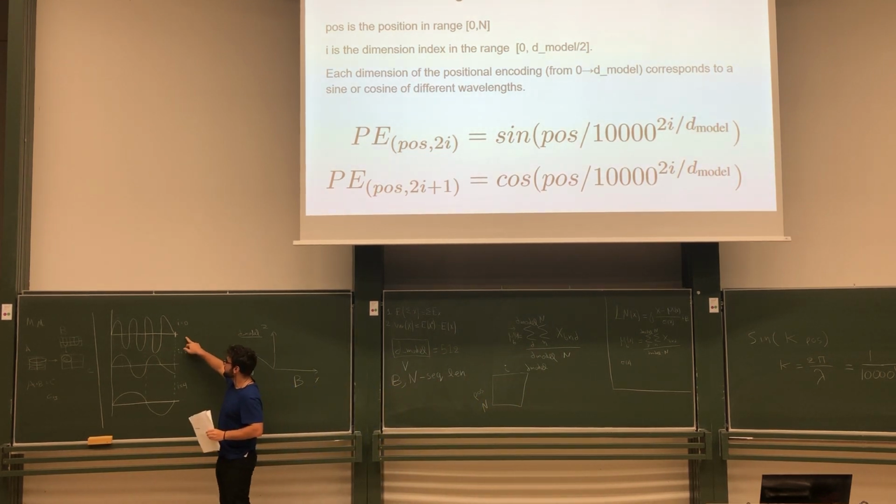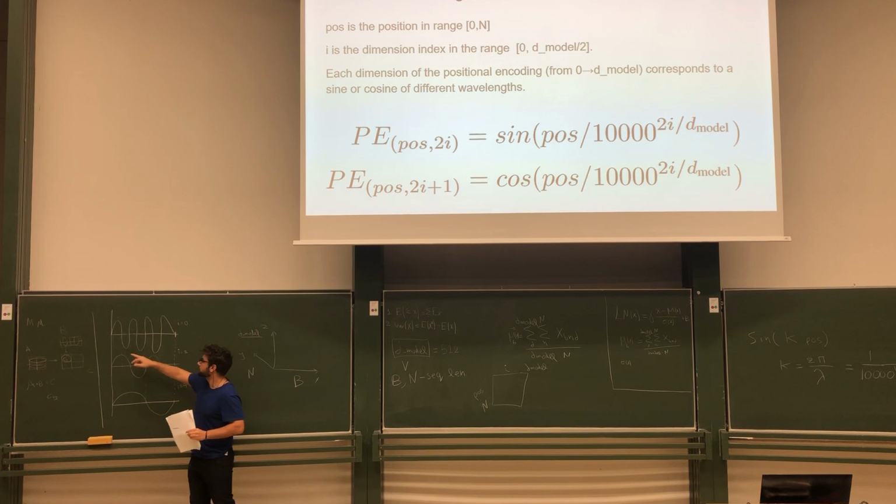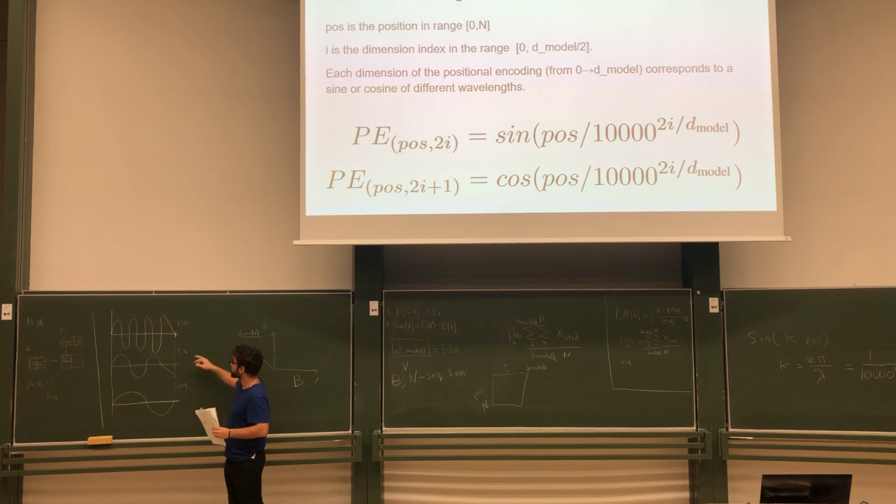So here I have some kind of random sinusoidal wavelengths or frequencies. It's the same. Here, when I goes to 2, I'm not drawing I equals 1, because then I have to switch from sine to cosine. So I'm going from I equals 0 to I equals 2.